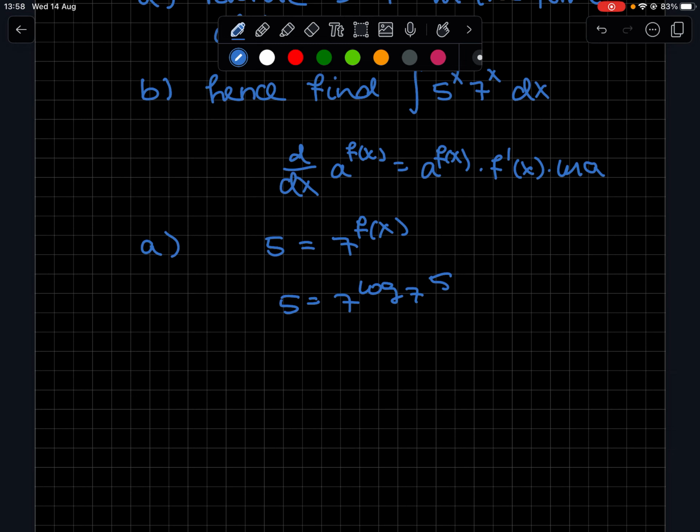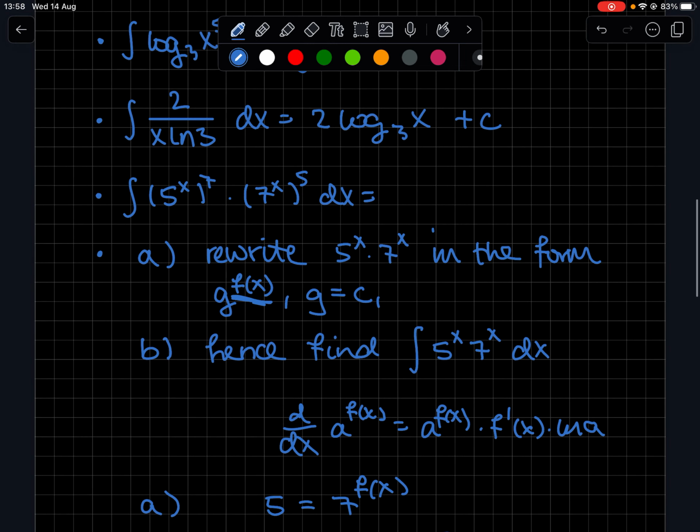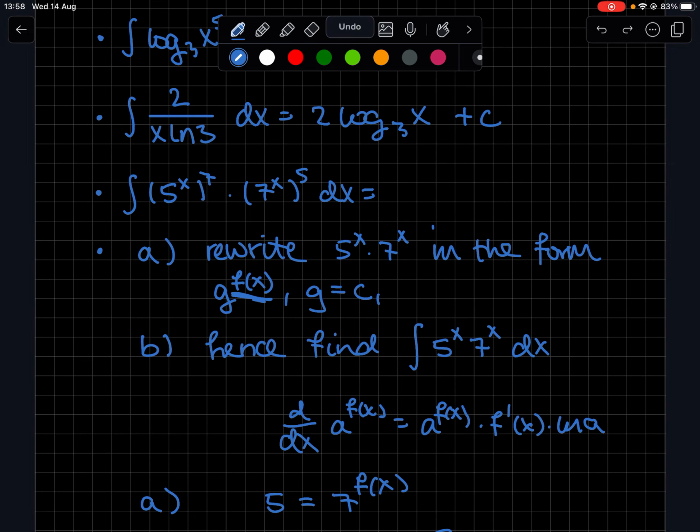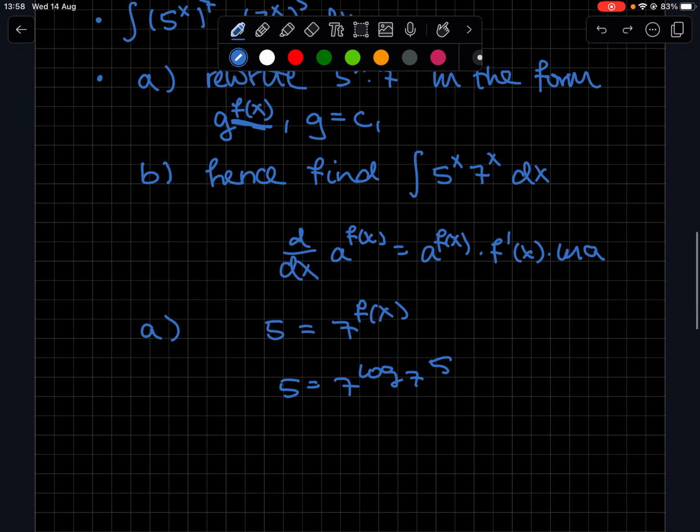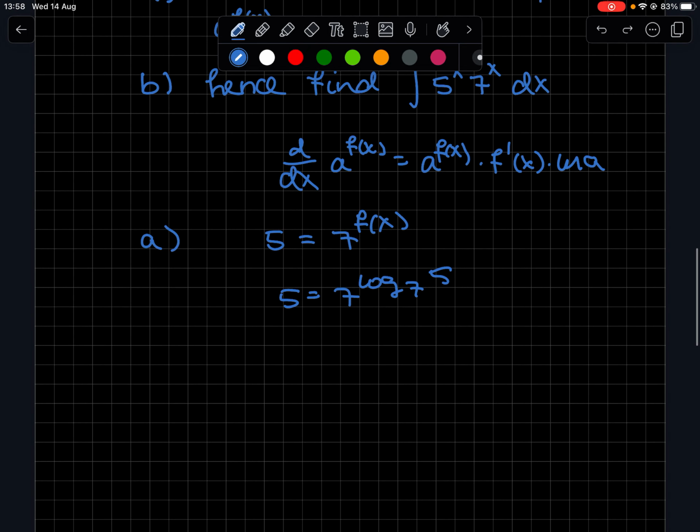Okay, so let's substitute 5 in here by 7 to the power of log base 7 of 5. So we get 5 to the power of x times 7 to the power of x equals 7 to the power of log base 7 of 5, all to the power of x, times 7 to the power of x.